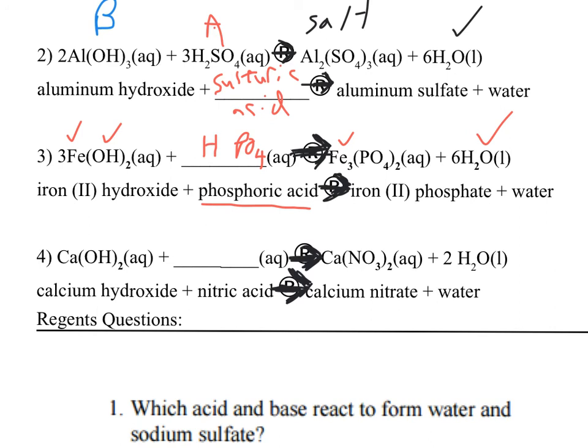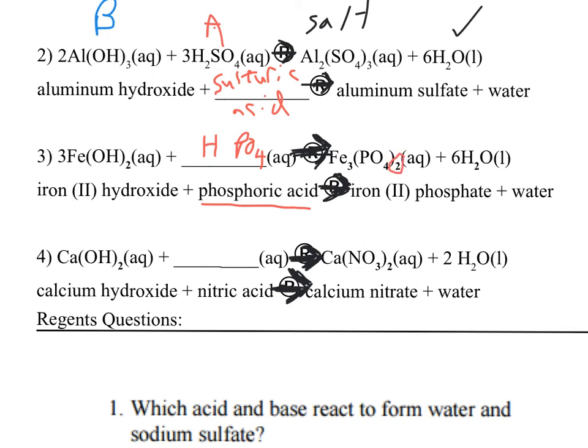Now, there's a couple ways that you can do this, because the answer is not going to be HPO4, because it's not balanced correctly. The way that you can do that is you can either balance it, as in you can look at how many hydrogens I have on the left, how many I have on the right, and balance it that way. And you can also do the same thing with PO4s, or you can also look up the oxidation states. So give me a second and I'll do both for you. The first thing here is I notice that we have two PO4s on the right-hand side.